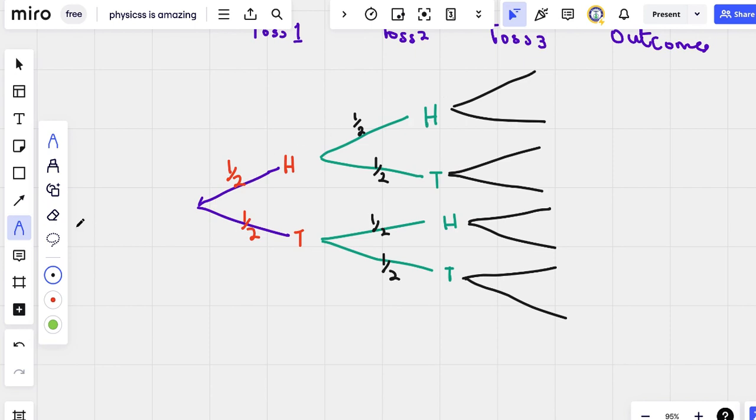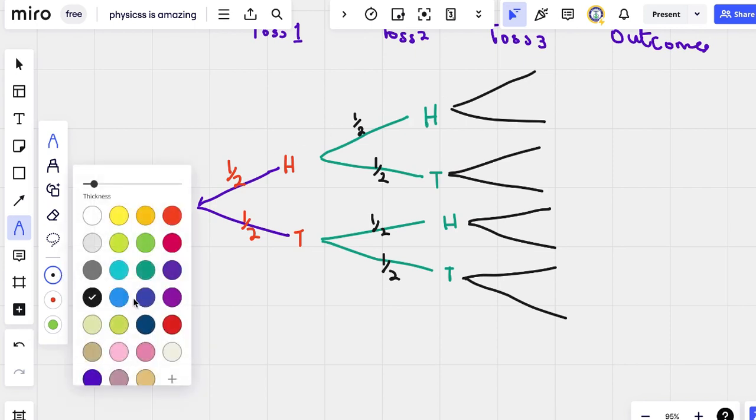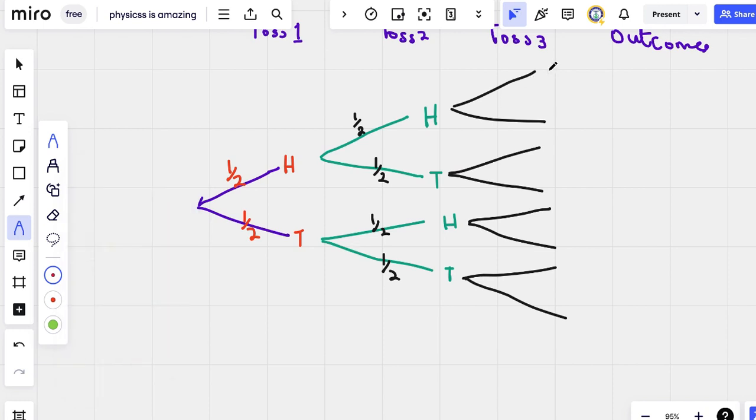So here, for the third toss, we're also going to have head or tail. For this one also, head or tail. For this one, head or tail. This one also, you're going to have a head or tail. This is how to use a tree diagram to show it.